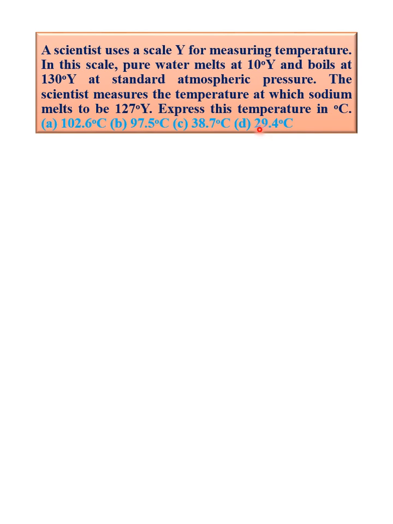So let's dive right into it. Every thermometer that is used to measure in any scale has a boiling point and a melting point. So let us look at the Y scale used by the scientist in this case.